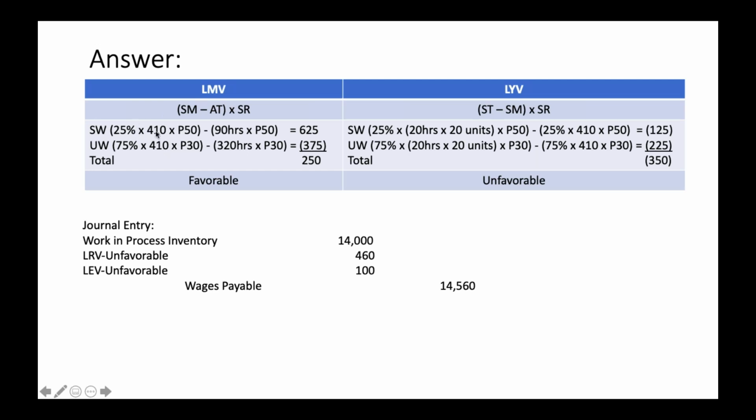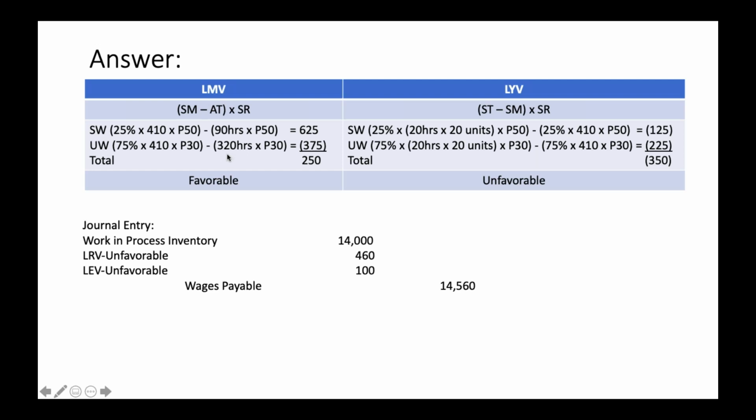So if this is the standard, 102.5, and this is the actual, we have a savings of 625 pesos. Why? Because they should have been working for 102.5 hours, and yet they were able to finish the production within 90 hours. So we pay less, or we have a savings of 625.